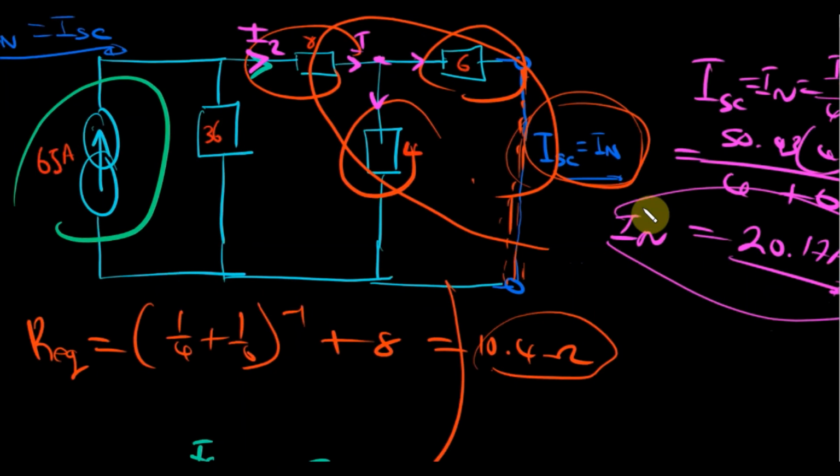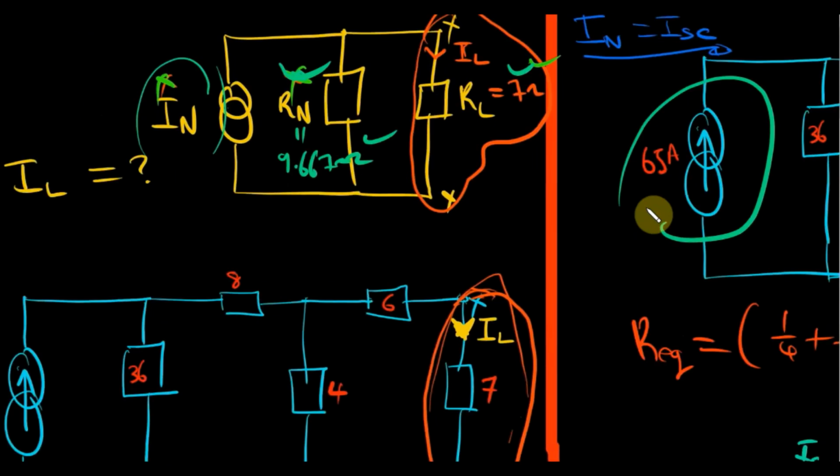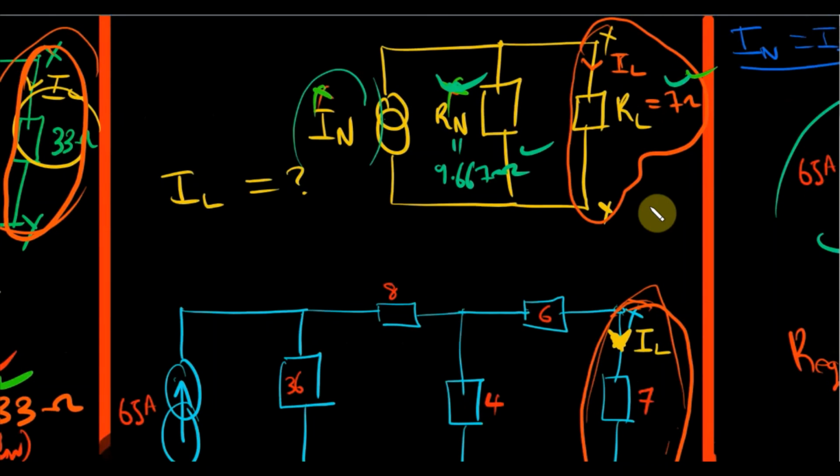Then with that info, we can complete our circuit. I Norton is 20.17 amps.